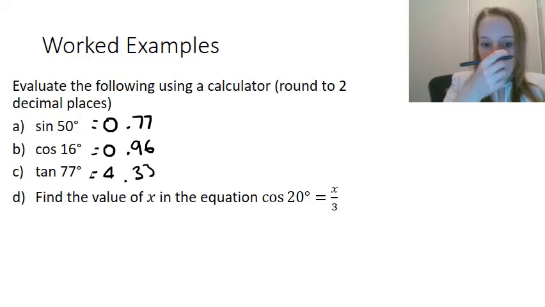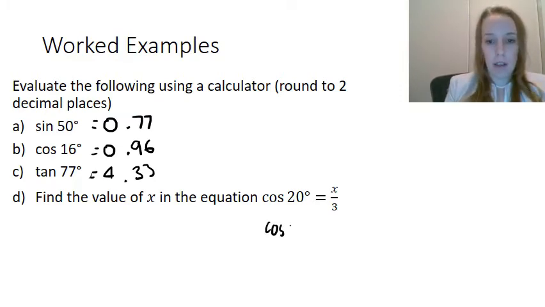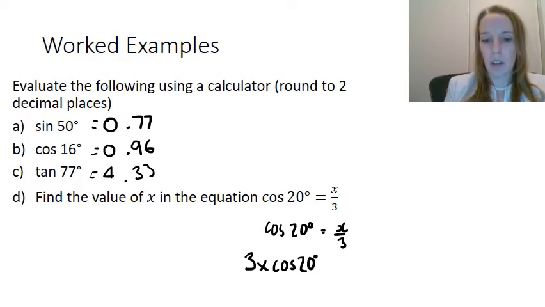Okay, so for D, find the value of x in the equation cos 20 equals x over 3. Now, we need to solve for x, so we know that cos 20 equals x over 3. So to get rid of that 3, we're going to multiply both sides by 3. So it'll be 3 times cos 20, that's a degree sign, also not a 0, equals x.